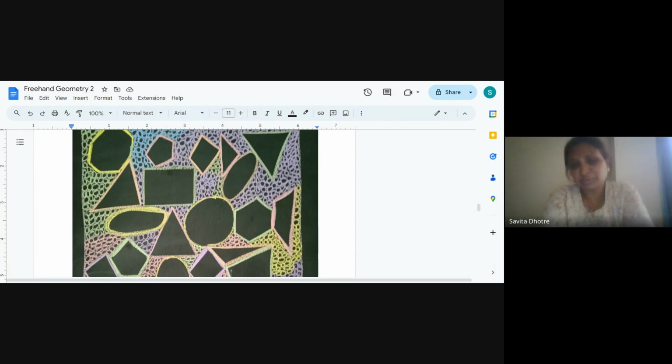But it took them almost 2 days, not so much for the geometric shapes, but to fill it in, and everyone did it in different ways. Some of them did rainbow colors of the circles itself. Some of them randomly used different colors. Some of them came up with their own creativity. So whatever they learned, I started integrating it in this way.